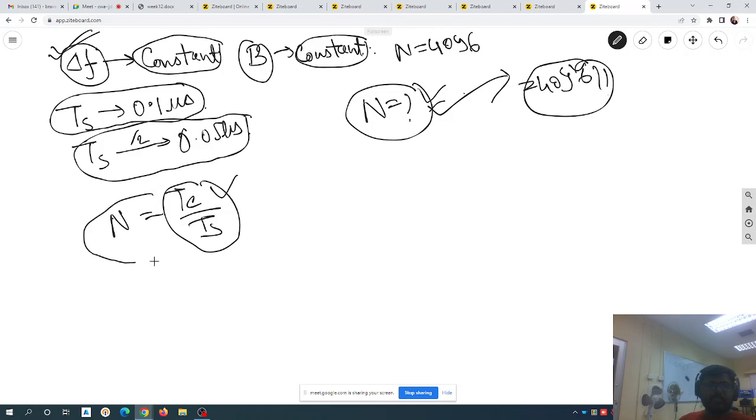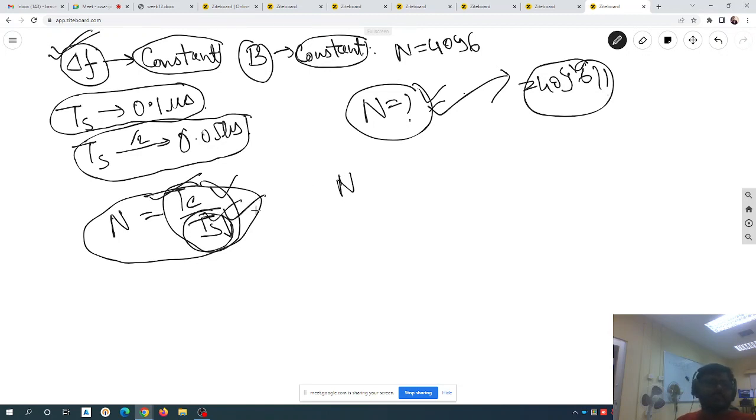So this is the mother equation for this thing. Here Ts is divided by 2. So symbol duration decreases here.